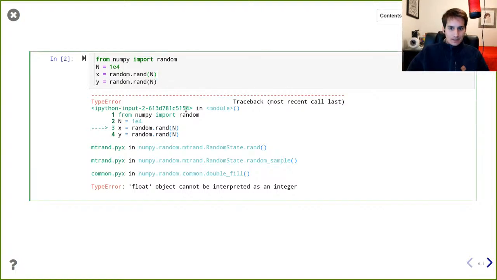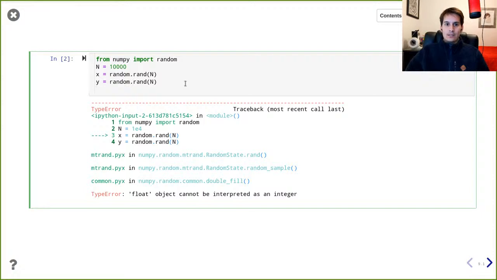The distance of the point to zero is less than one, something like that. Yes, and the distance is basically x squared plus y squared. And that needs to be less than 1 because the radius is 1.